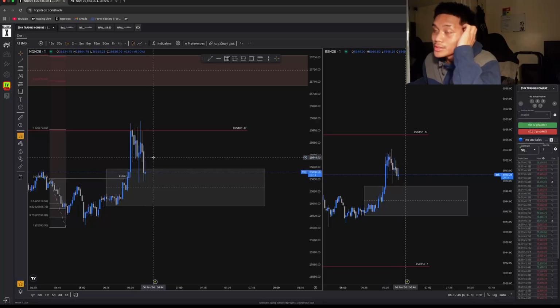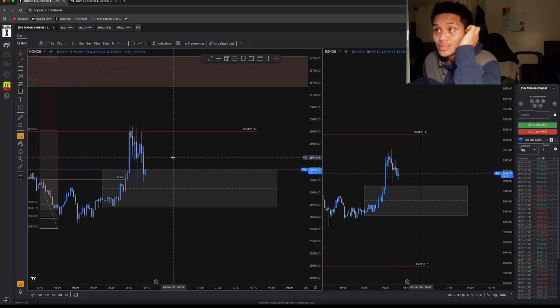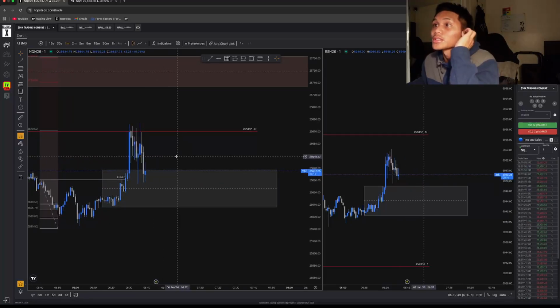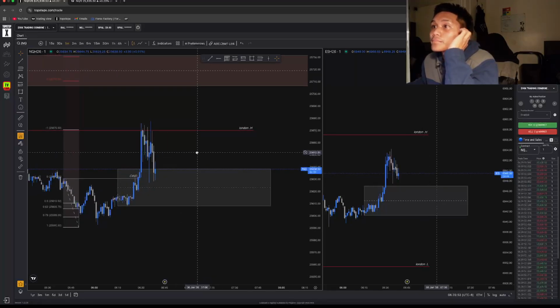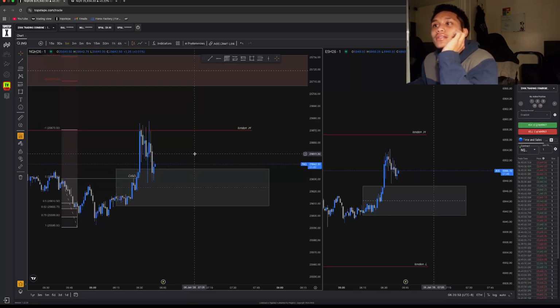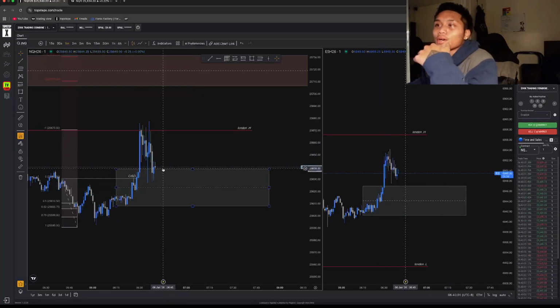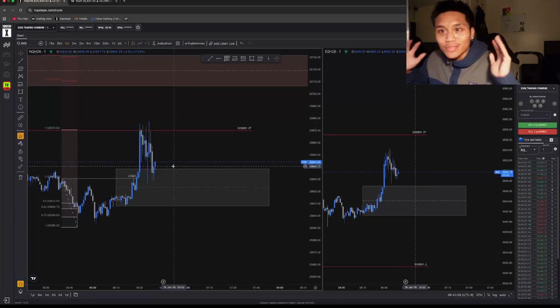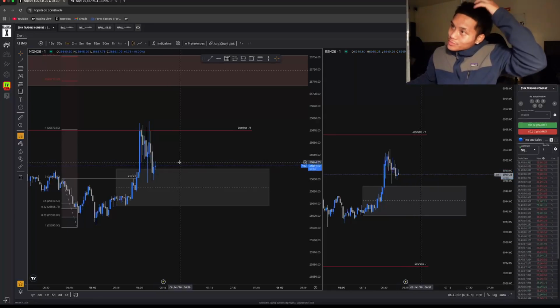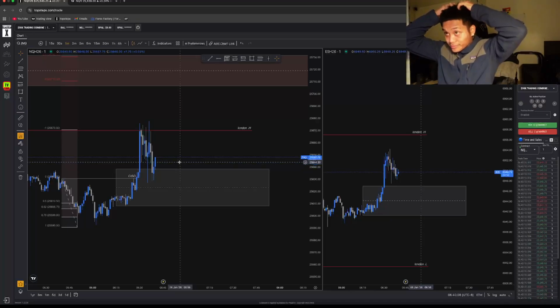We're getting good reactions on the way back to the upside, which initially is our bias longs, just to see. But it's not as clear, you know. What I mean by that is that sure, we're going for longs, but I'm not seeing a clear setup to where it's just screaming obvious at me. So until then, I'm just gonna wait for a setup to present itself.